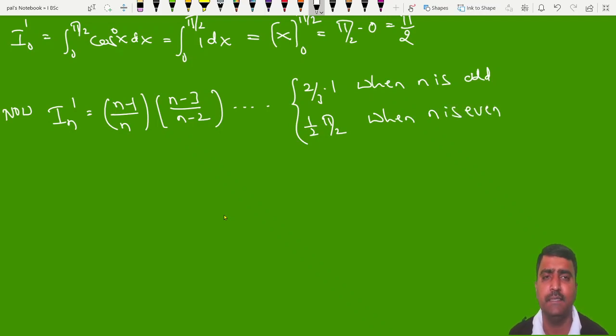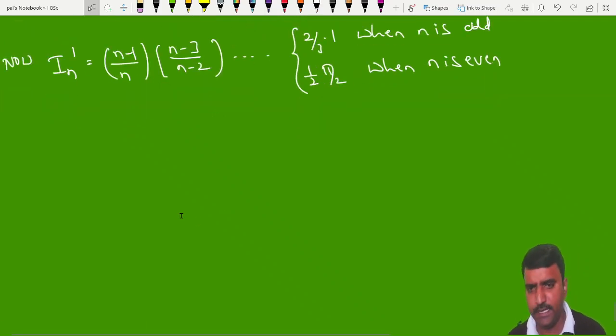Of course, it is similar to the integration from 0 to pi by 2 of sine to the power n x dx. So both with the limits, both values are the same. The same formula comes.